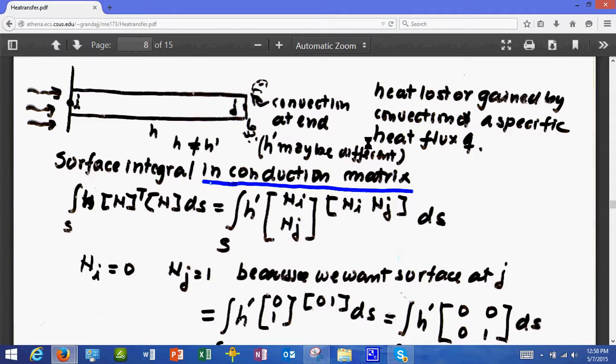Okay, so let's try again, but now with different boundary conditions. As you can see, there has been a list of updates here. Convection, paint.